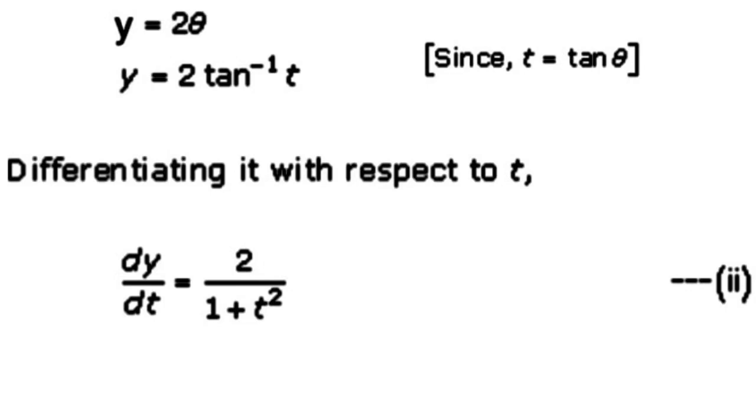So let's put the value of theta. So we will get y equals 2 into tan inverse of t. Now we are going to differentiate it with respect to t. So dy upon dt equals 2 into derivative of tan inverse t, which is 1 upon 1 plus t square, which is equation number 2.